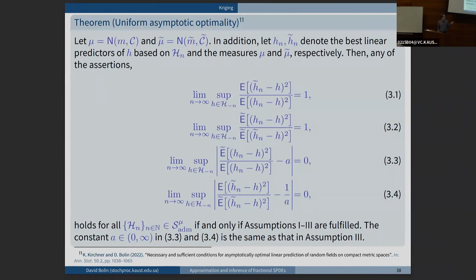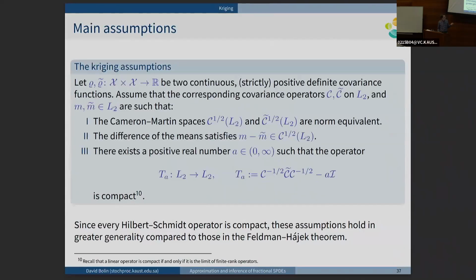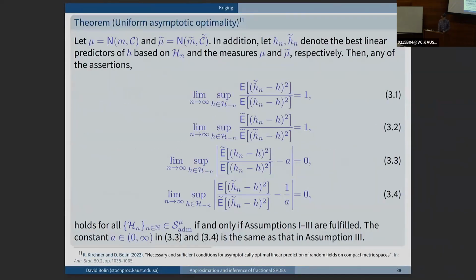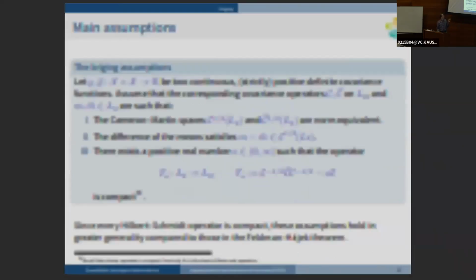And so this minus A should go to 0, and that A is exactly that A there. Okay, so this is the result. These are essentially what we can say about Kriging prediction. So basically, to check what's important for Kriging prediction, you essentially have to check these three conditions.